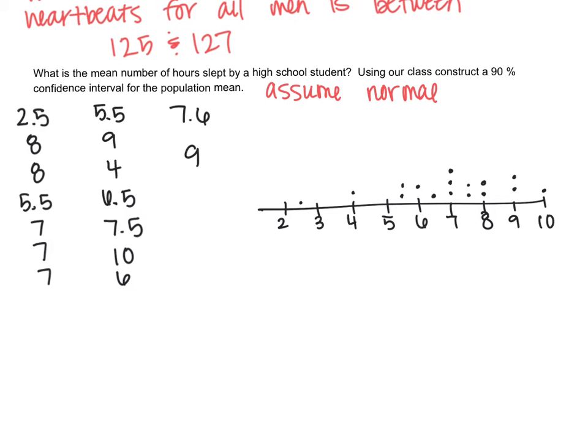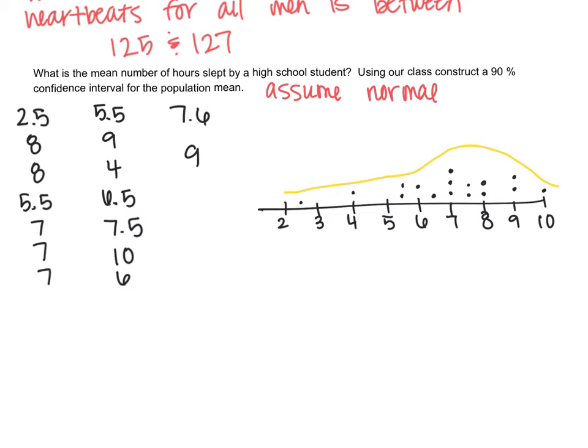And then if I were to draw the curve that went with it, it's kind of got a curve to it, but not really, because again, we only have 16 in our sample size, which is a bit on the small side.